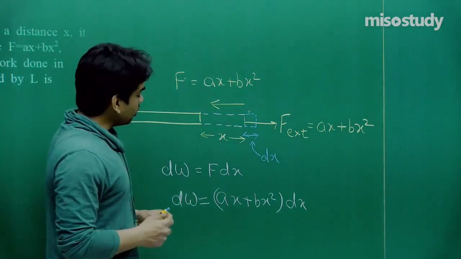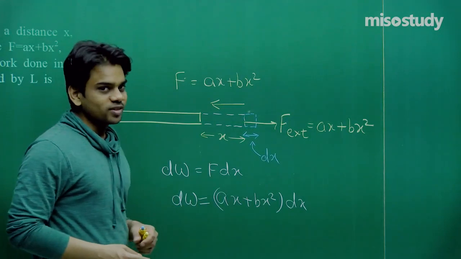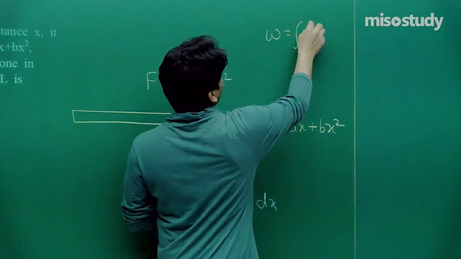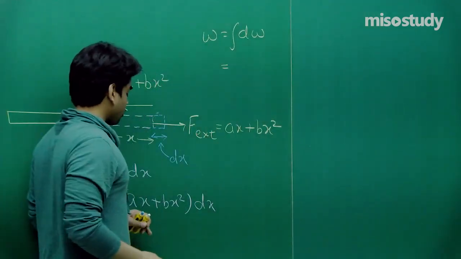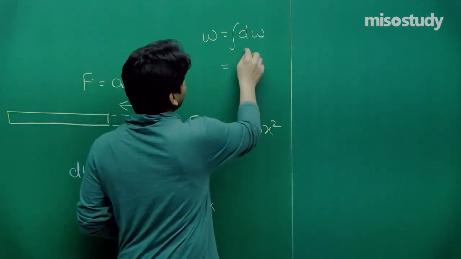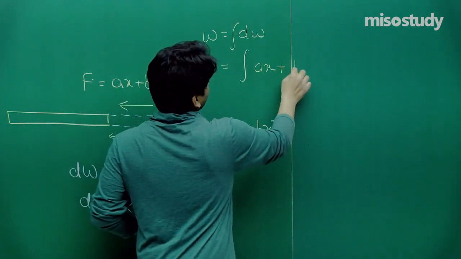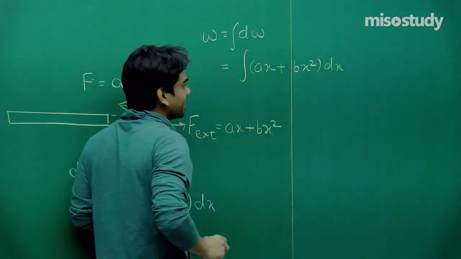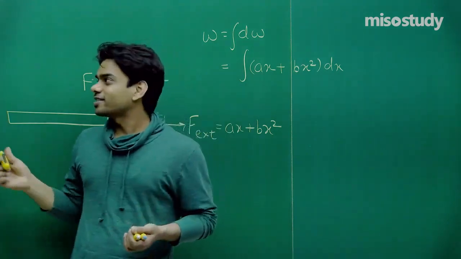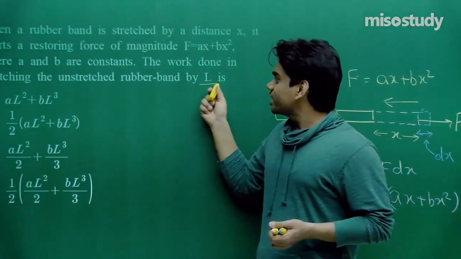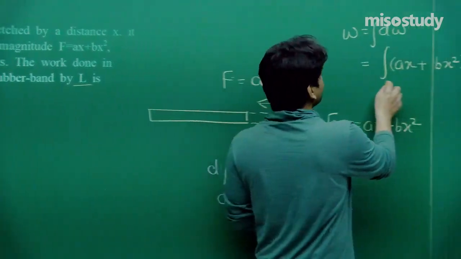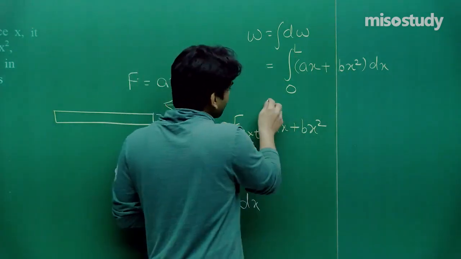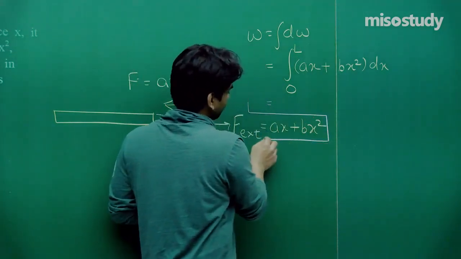Now what about the total work done? For the total work done, we need to integrate both sides. So the total work is the integration of dW, that is the integration of ax plus bx square dx. We need to integrate it from its natural length, that is x equal to 0, to the stretched length capital L. So the limits are 0 to capital L. Let me solve the integration properly here.